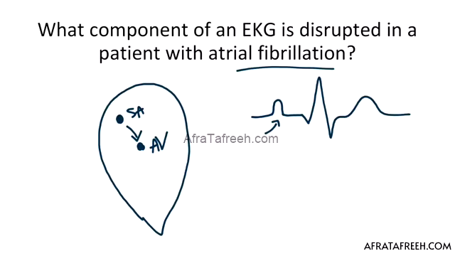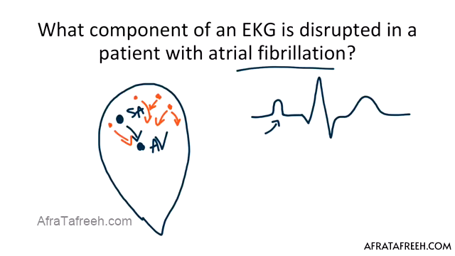This results in the formation of multiple abnormal pacemaker-like regions, which I'll draw here. These regions begin to bombard the heart with electrical signals. The erratic depolarization that occurs causes the atria to beat rapidly and unsynchronized, which is called atrial fibrillation.